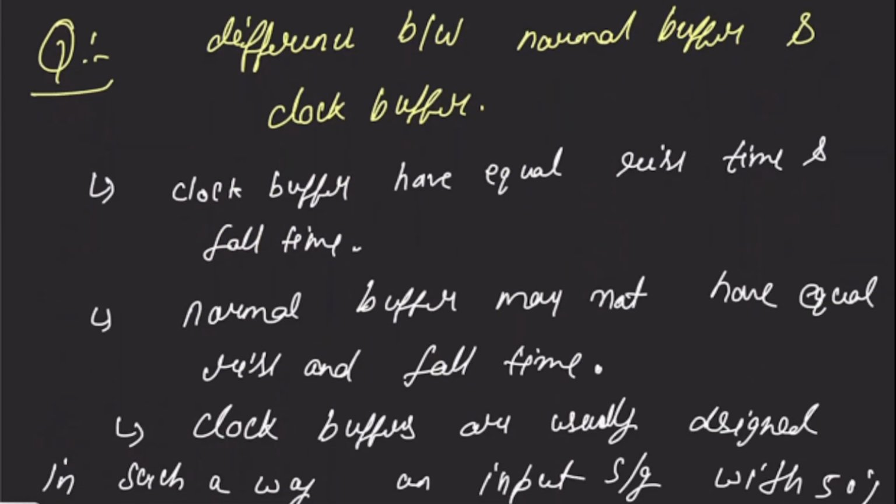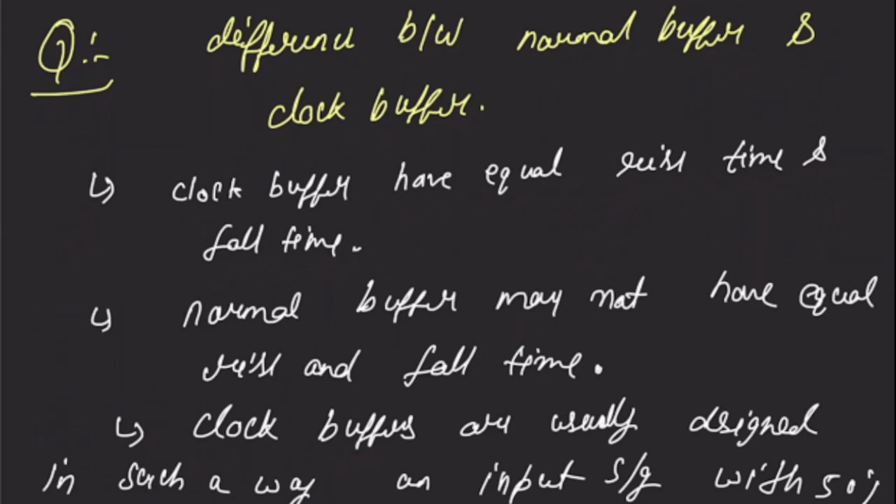What is the difference between a normal buffer and a clock buffer? A clock buffer has equal rise time and fall time, and a normal buffer may not have equal rise time and fall time.